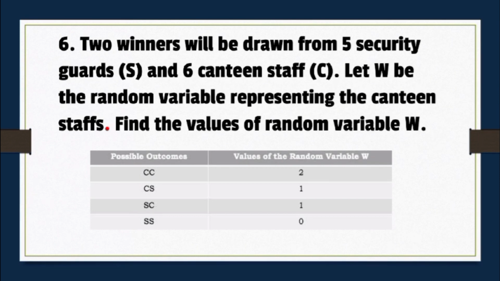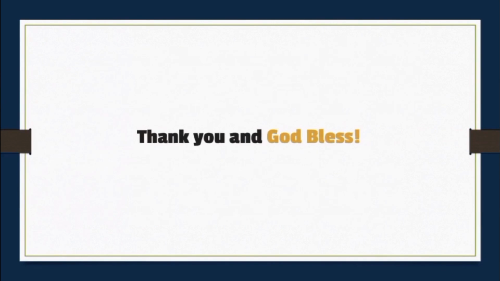Based on the given tables, our possible outcomes are CC, CS, SC, SS. After we count the number of canteen staff, we can conclude that the possible values of W are 0, 1, and 2.